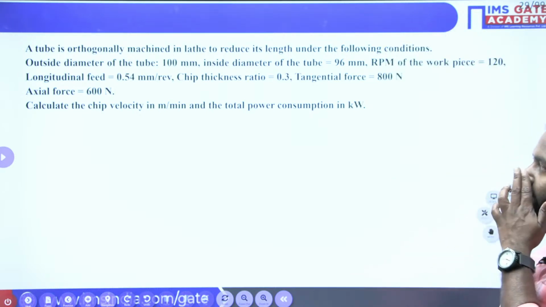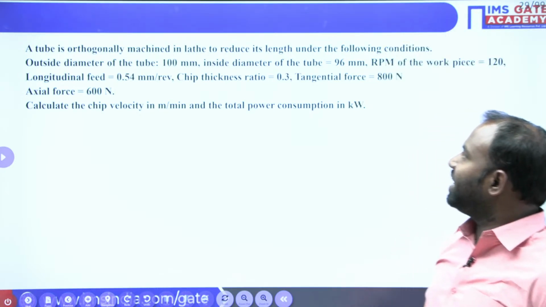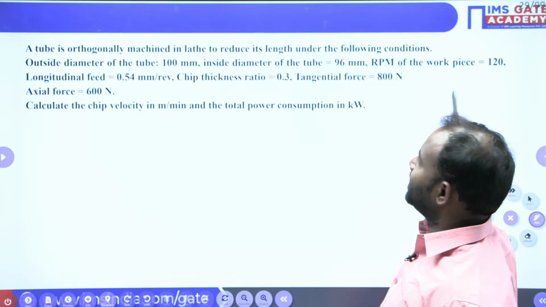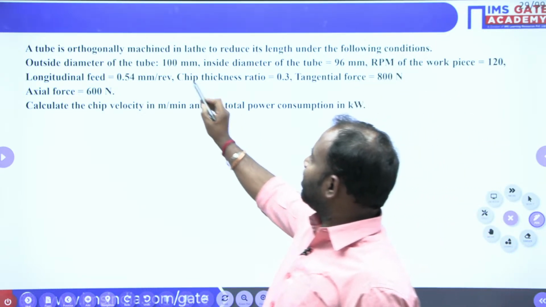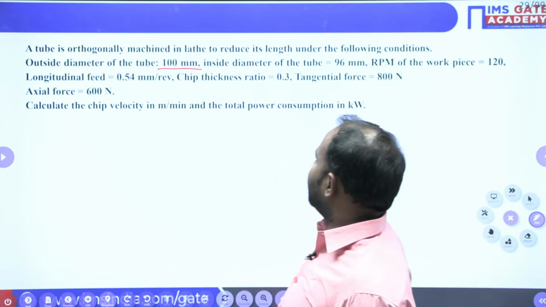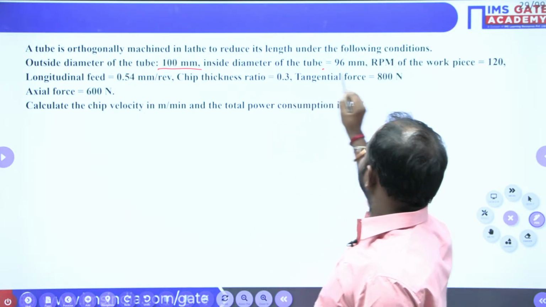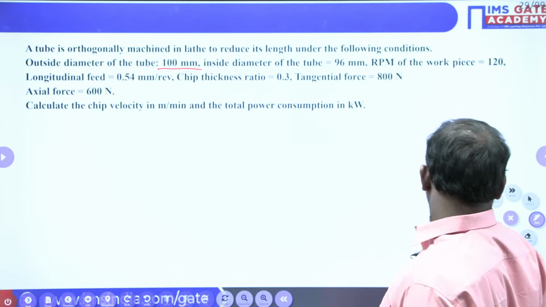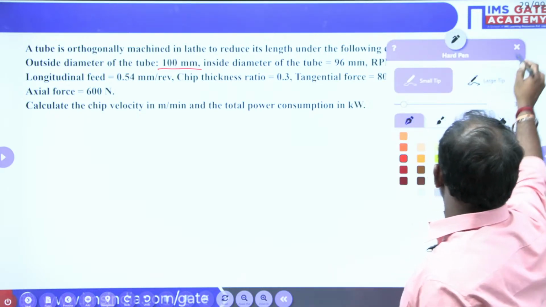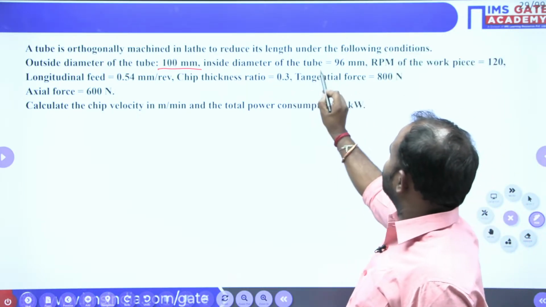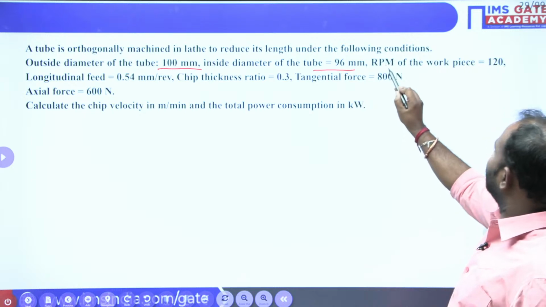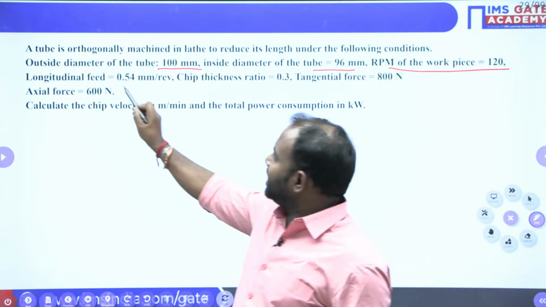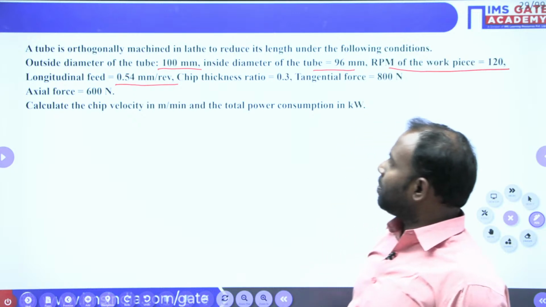See, a tube is orthogonally machined in a lathe to reduce its length under the following conditions. Outside diameter of the tube is 100 mm. Inside diameter of the tube is 96 mm. RPM of the workpiece is 120. Longitudinal feed is 0.54 mm per revolution.